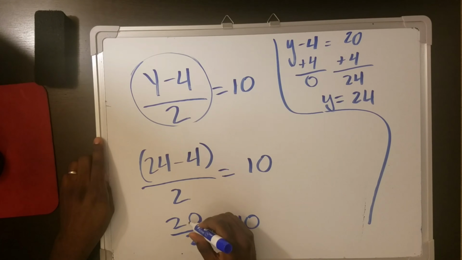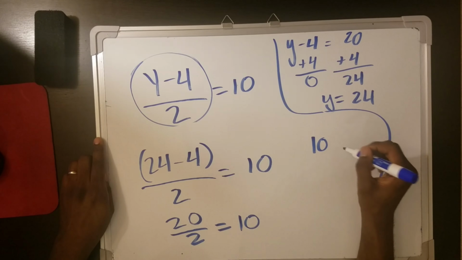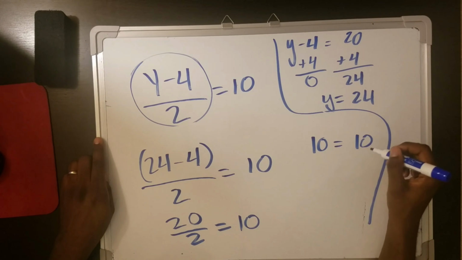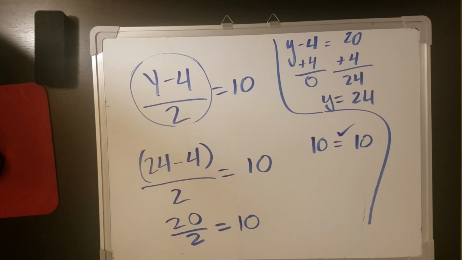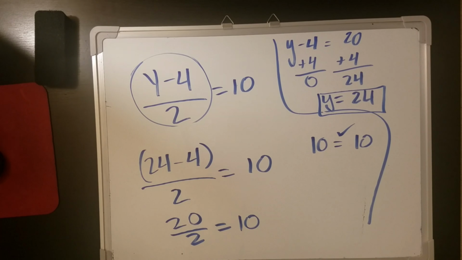And what's 20 over 2? Well, that is just 10, which equals 10. There we go. Our answer is correct. Y does indeed equal 24. Great job, everybody. Great job.